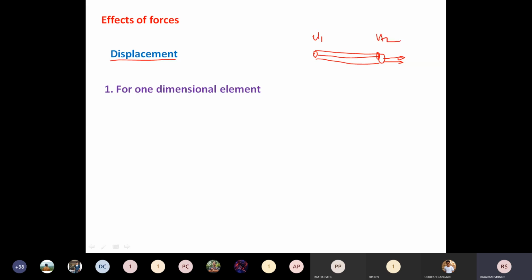This is the element and I have taken a linear element here. In this chapter also we will take linear elements. Here displacements are u1 and u2, at node number 1 and node number 2.